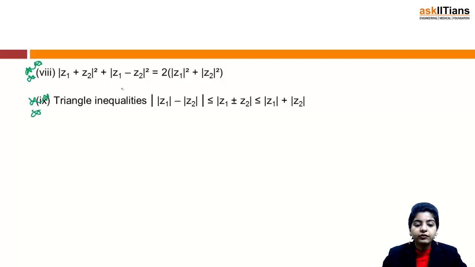We have modulus of z1 plus z2 whole square plus modulus of z1 minus z2 square is equal to twice modulus of z1 square plus modulus of z2 square.